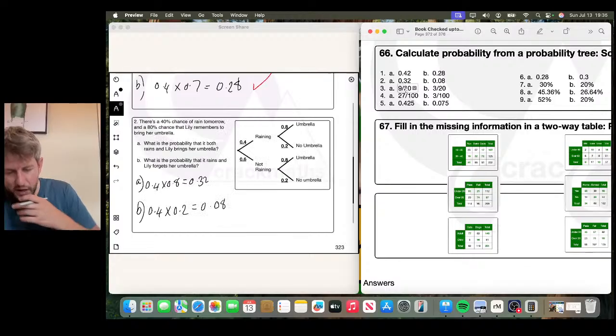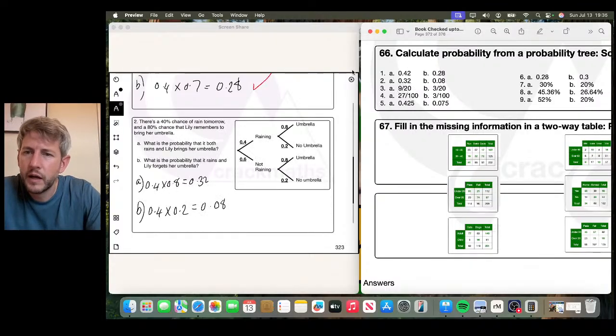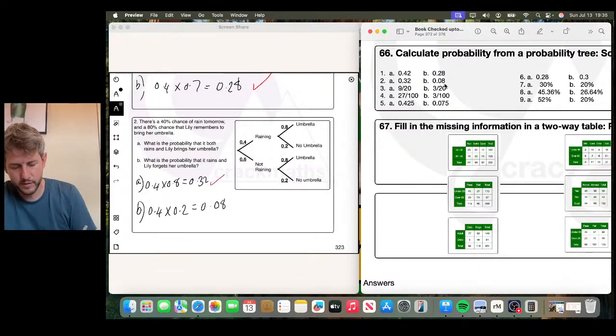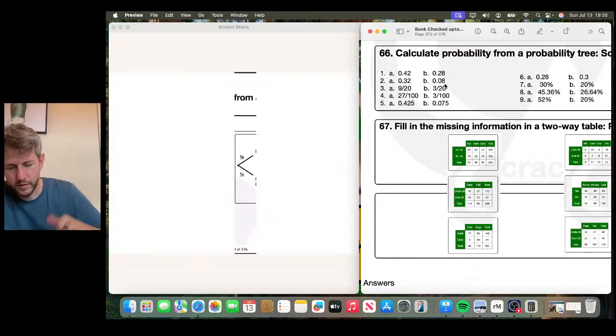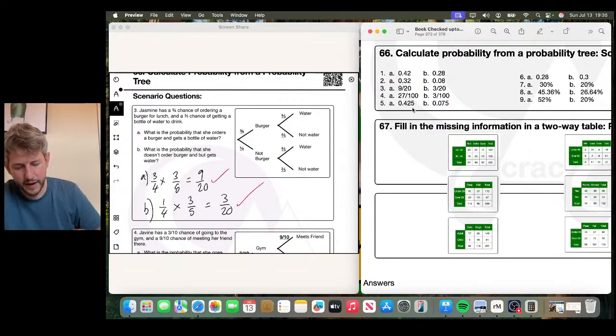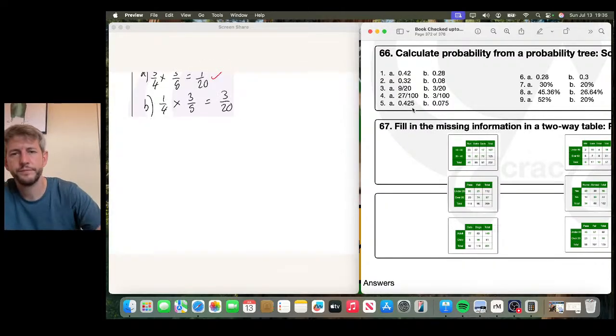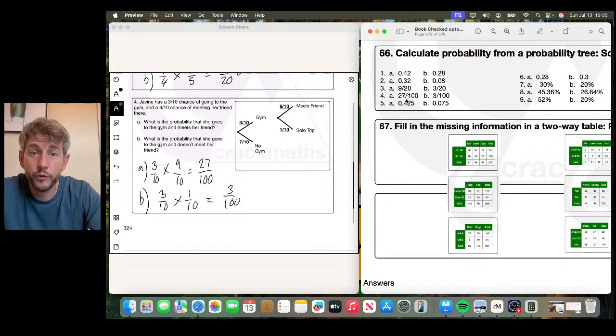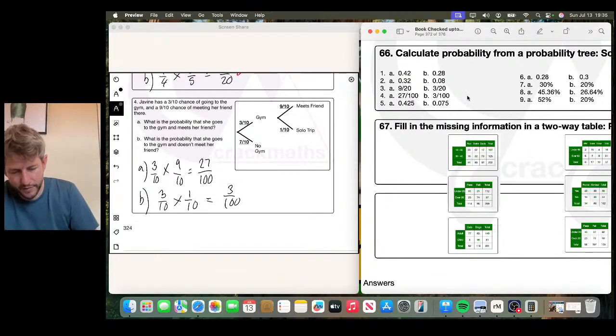Next one we've got 0.32, 0.08. Yeah. Here we've got question 3, 9/20 and 3/20. Wonderful. Question 4, we've got 27/100 and 3/100.